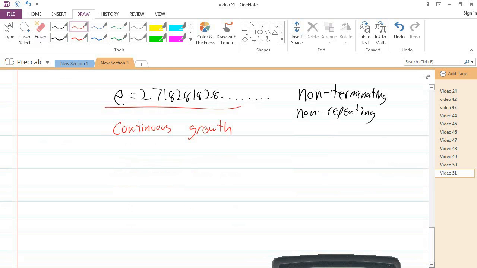Now, as far as properties of E go, E's like any other base. So all of the other properties that you know about manipulating exponents apply here. If I have E to the 2x times E to the 3x plus 1, I'm going to do exactly what I do any other time and add my exponents.